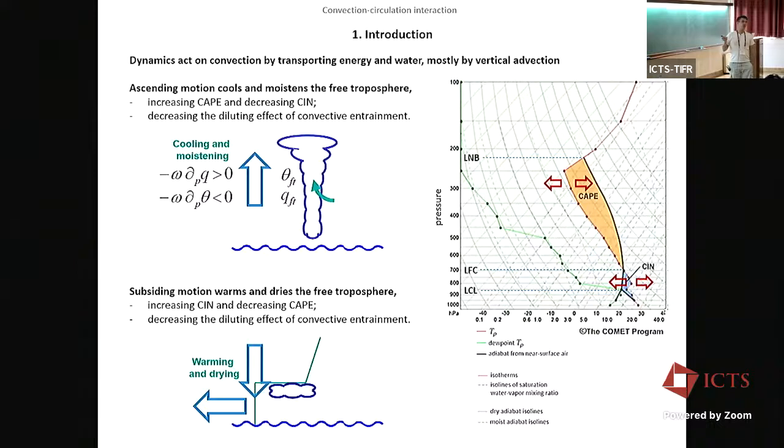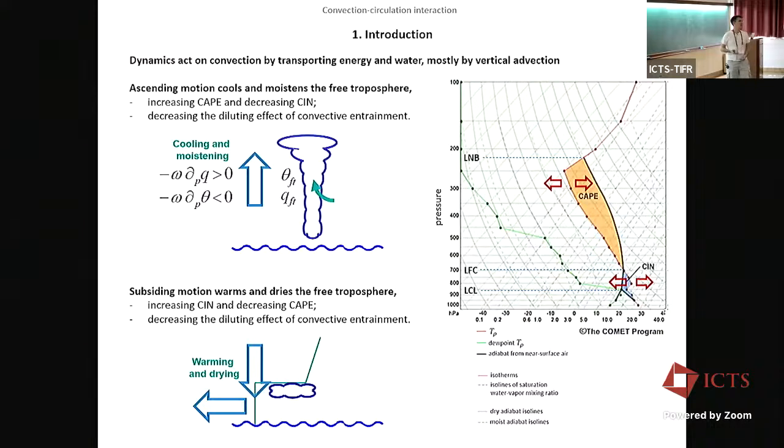So if you have ascending motion, you will bring moist air from the surface up, so you're moistening, but you're also taking air that has a little potential energy up, and that's going to be the factor that's most important for the potential temperature.